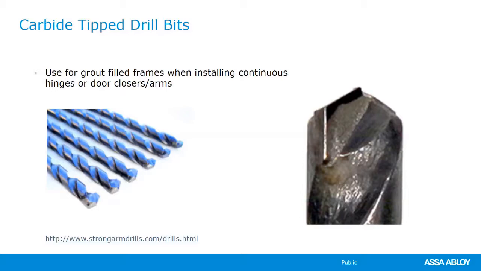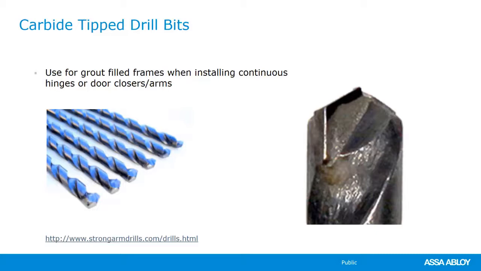But if you're installing continuous hinges, or you're installing parallel mounted door closers on grout-filled frames, you have to have some carbide tipped drill bits. What you'll do is you'll take a smaller bit than you need, say an 1/8 inch bit, and you'll drill through the steel. You'll drill through the sheet metal.